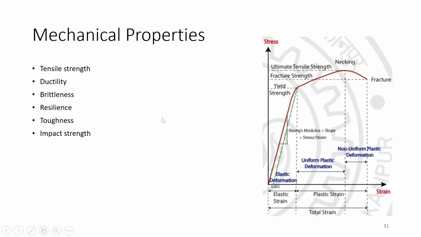Next we have mechanical properties. These are some of the examples of mechanical properties, such as tensile strength, ductility, brittleness, resilience, toughness, and impact strength. So for selecting a material for a particular application, if you want to build a window with the help of some material, then you'll be considering these mechanical properties so that it can sustain that much load.